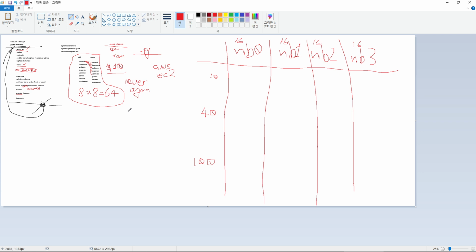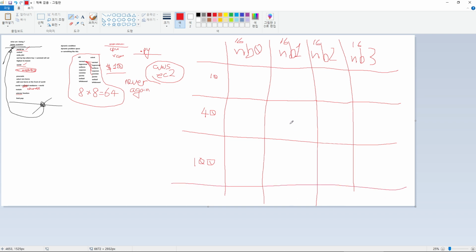Under these circumstances, when I'm using EC2s, I made one instance for 16 distribution products for 10 items, another 16 distribution for 10 items, another 16, so that's 4. And then the same for 40 items, and then the same for 100 items. And they're all running simultaneously.